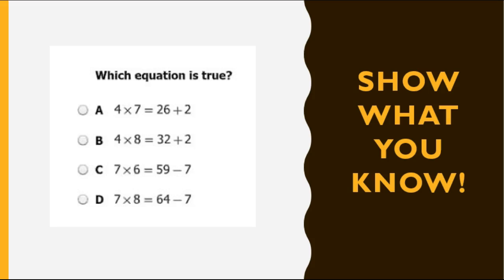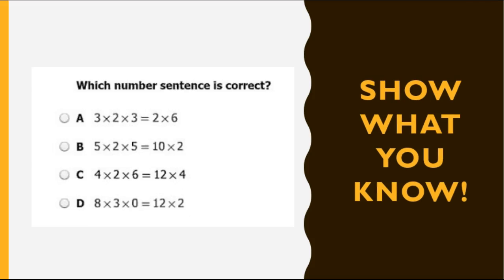All right, it's time to show what you know. Look at these equations and tell me which one is true. Which one is balanced? What about this one? The question says, which number sentence is correct?